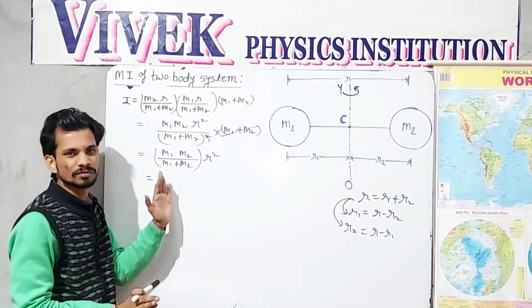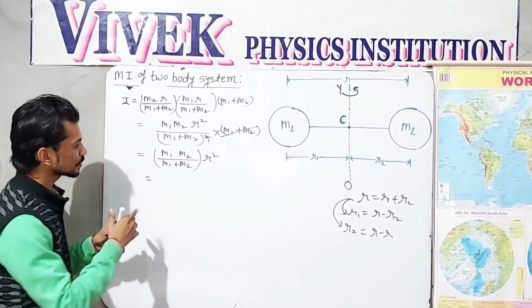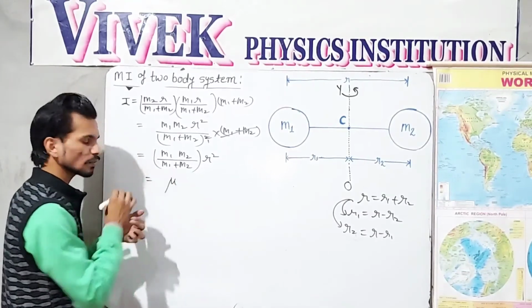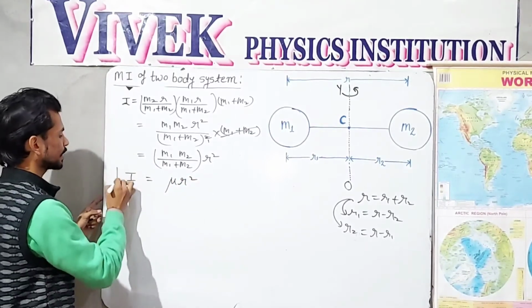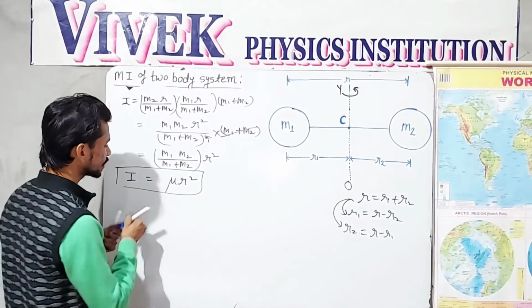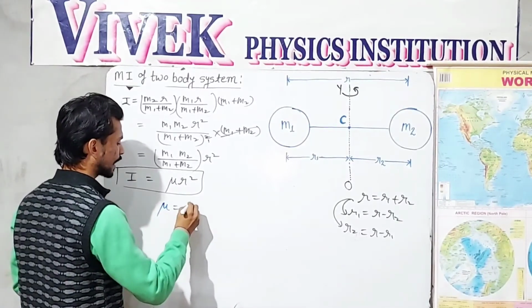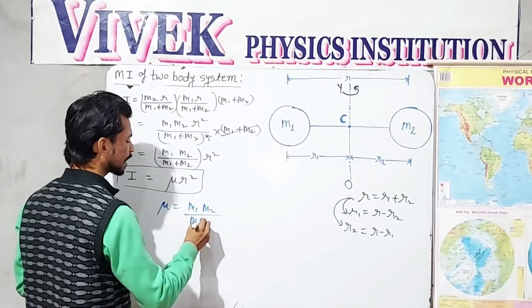So this is just reduced mass. I am taking it as mu. So this is mu here. This mu times R square is going to equal I, and from here, what is mu? Mu is M1 M2 divided by M1 plus M2.